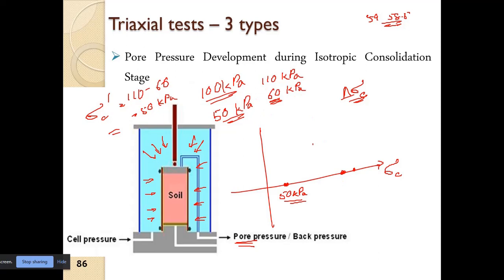Again we increase, suppose from 110 kPa to 130 kPa. In that case we will observe that the pore water pressure U, this is U and this is sigma c, will also increase to 80 kPa.